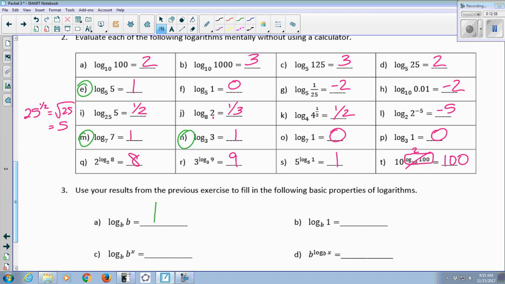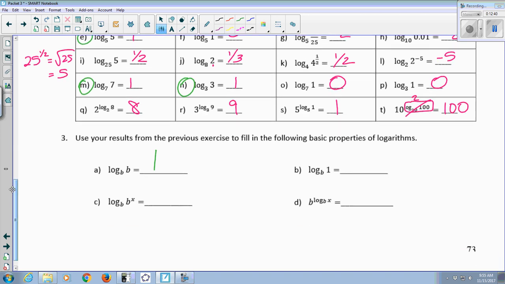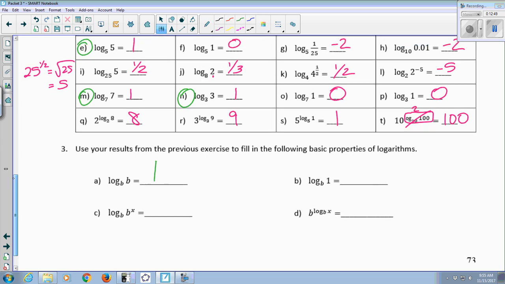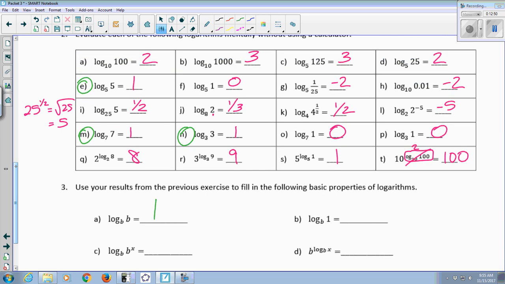Log base b of b to the x. Some of those that we did are that one and that one. What power do you raise b to get b to the x?